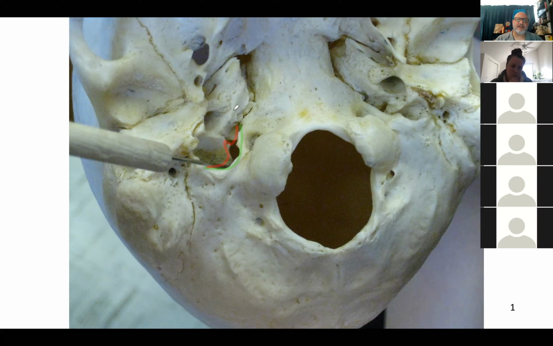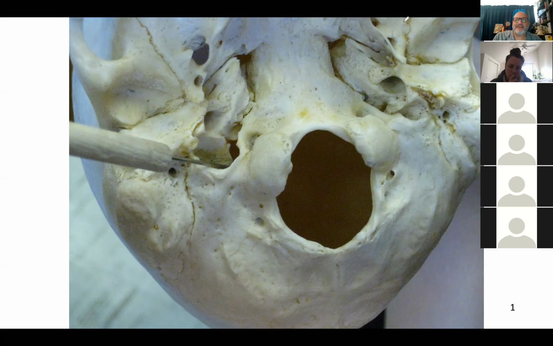Notice outside, or inferiorly, it is right next to the carotid canal. But remember when we saw the carotid canal, we talked about how it tunnels through the bone this way. And if you notice, the jugular foramen tunnels backwards. So notice inferiorly, these two things are right next to each other.